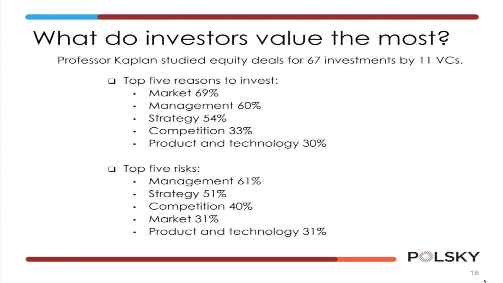You'll notice that the product itself and the technology itself are pretty low on the list of things that investors care about, because they know that that's a work in progress, and they assume that a good team will find a way to deliver the right product or develop the right technology for the market. So the current state of your product is not as important as your business model and how you're going to execute your business model to bring that product to market as you're working on it.